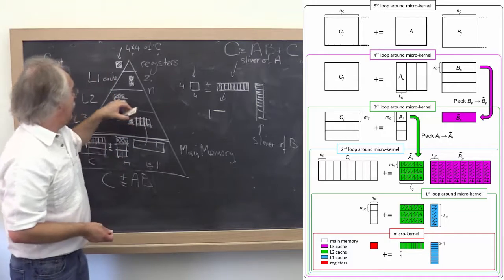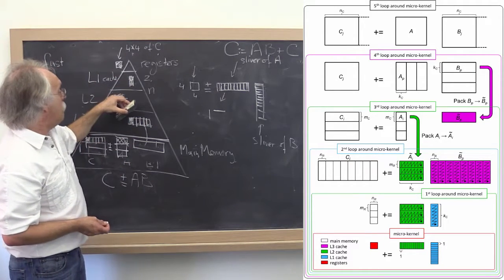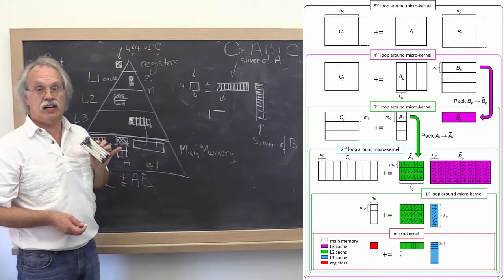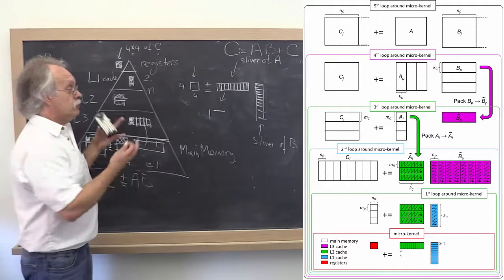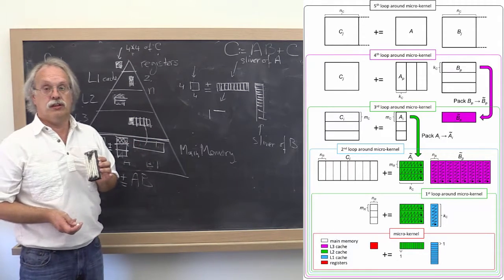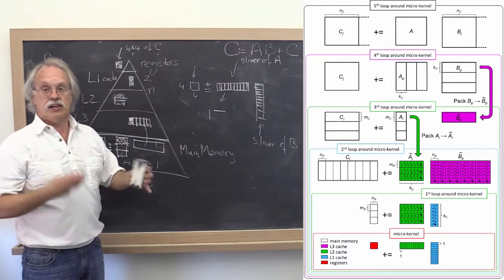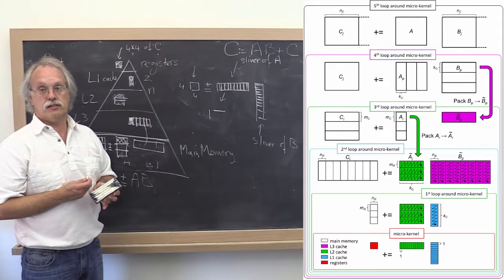So at that point, you end up actually doing a matrix vector operation, a rank 1 update. But the key is that the data with which you then do that rank 1 update, part of it is sitting in the L2 cache, part of it is sitting in the L1 cache, and it turns out that that's fast enough to be able to feed the computation with data so that you can get almost peak performance out of the processor.